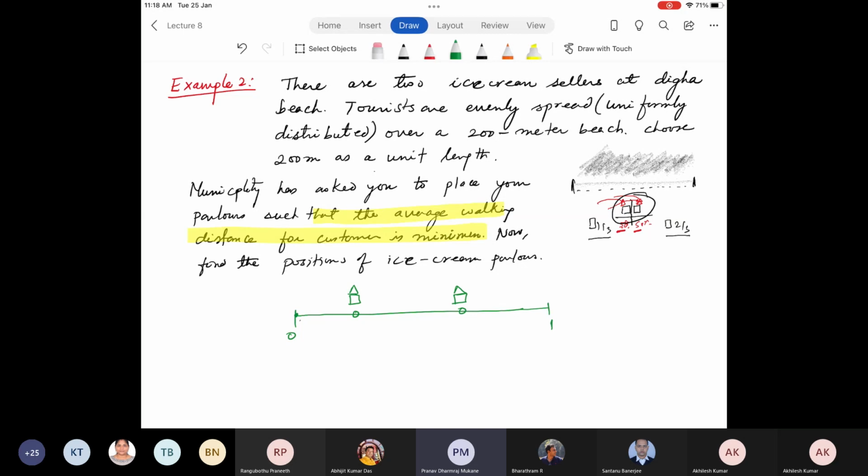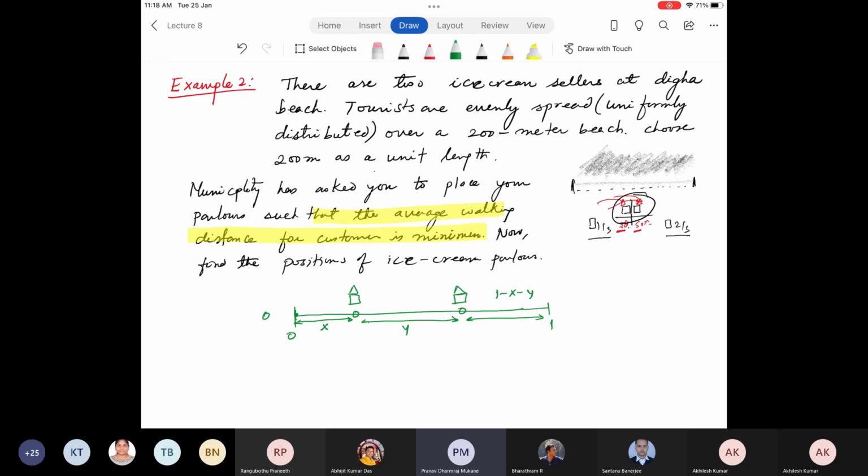Let's say I'm putting the first ice cream parlor X distance from the point of reference datum, and the next one Y meters from X. This one is 1 minus X minus Y. Is this okay so far?